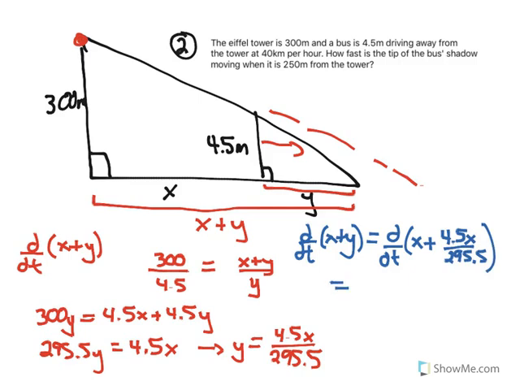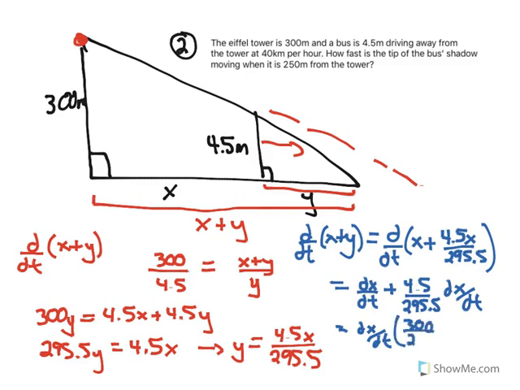This equals the derivative of x with respect to t, which is dx by dt, plus 4.5 over 295.5 dx by dt. This just equals dx by dt times 300 over 295.5.